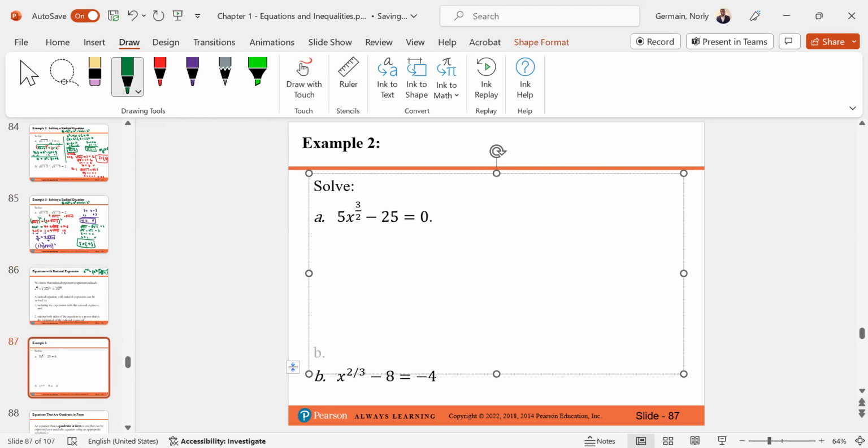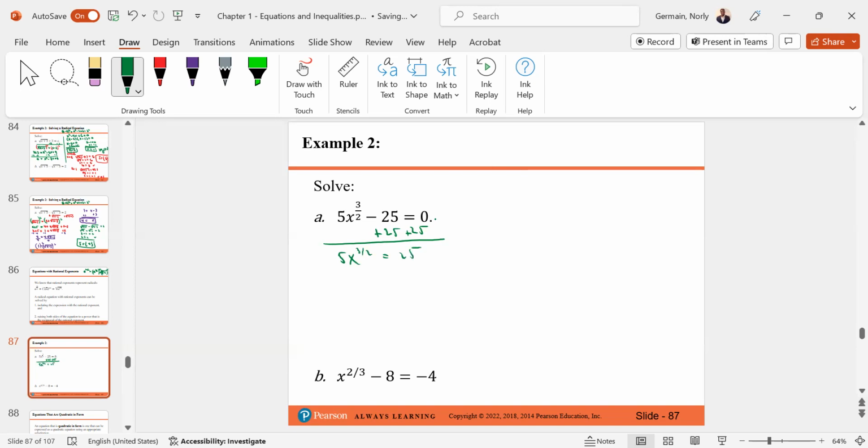Solve 5x to the 3 halves power minus 25 equal to 0. Our goal is to isolate the first term. So we need to add 25 to both sides. We end up having 5x to the 3 halves power equal 25, right?